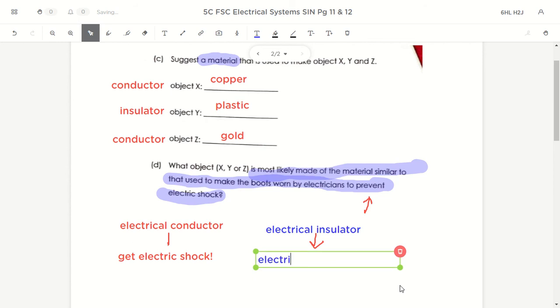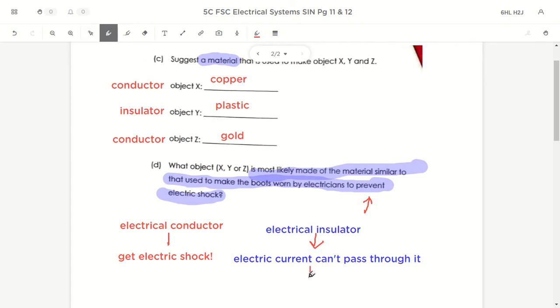Electric current can't pass through it, and therefore I will not get shocked.